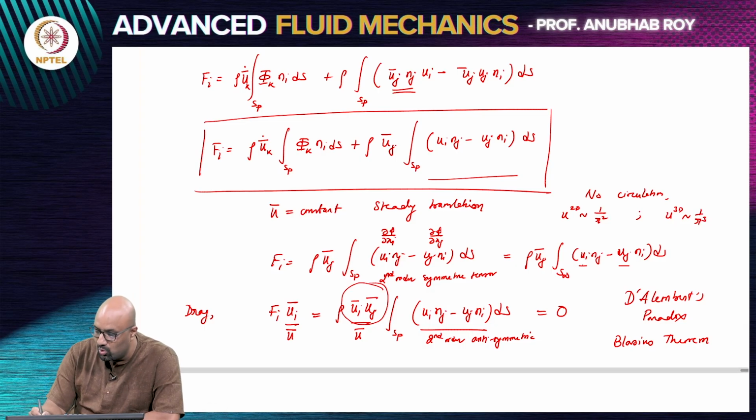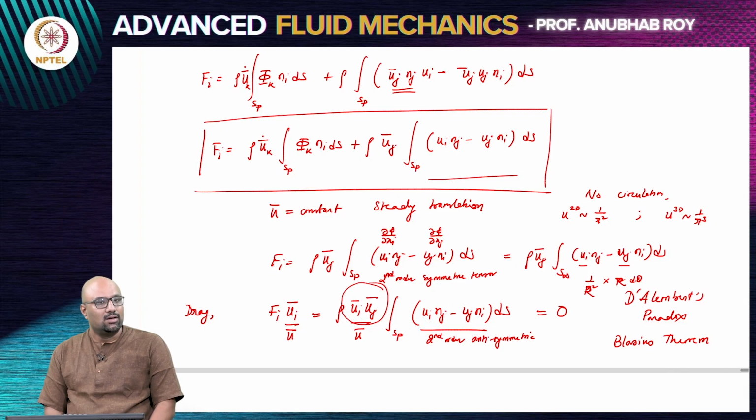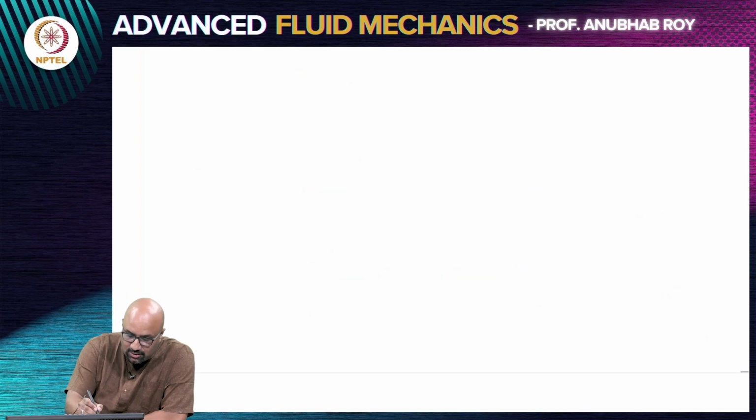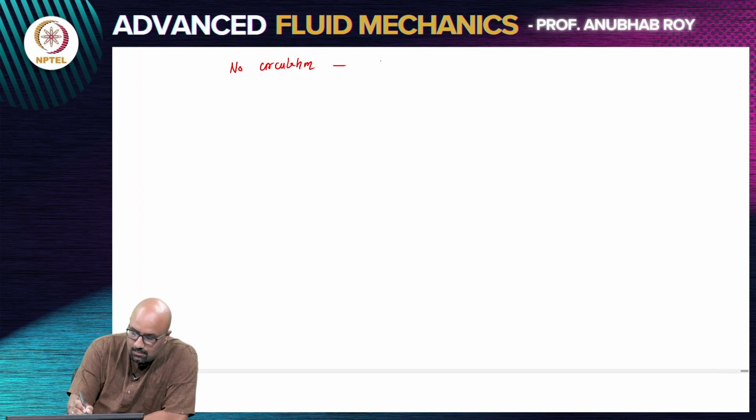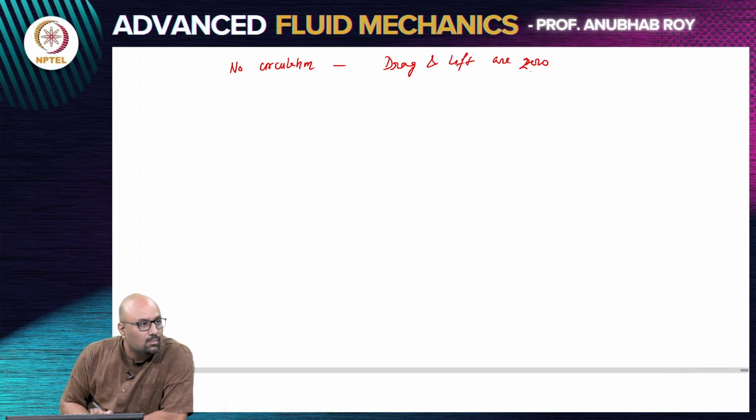So now if you plug in u as 1 over r square and ds is some r d theta, that integral vanishes in 2D and it obviously vanishes in 3D, which means if there is no circulation, both drag and lift are 0. There will be no lift in the problem if you don't have circulation.